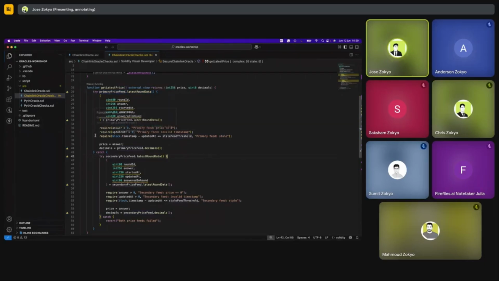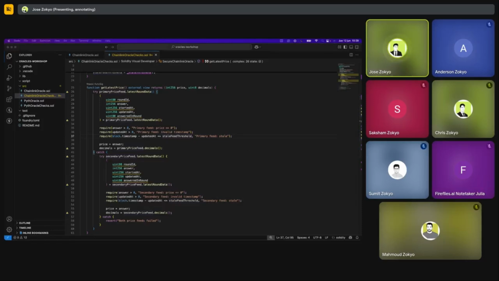There's something really important here as well, which is the stale feed threshold. What does this mean? As you already know, Chainlink has a lot of price feeds, and the publishing time for each price feed is different. That is the heartbeat.